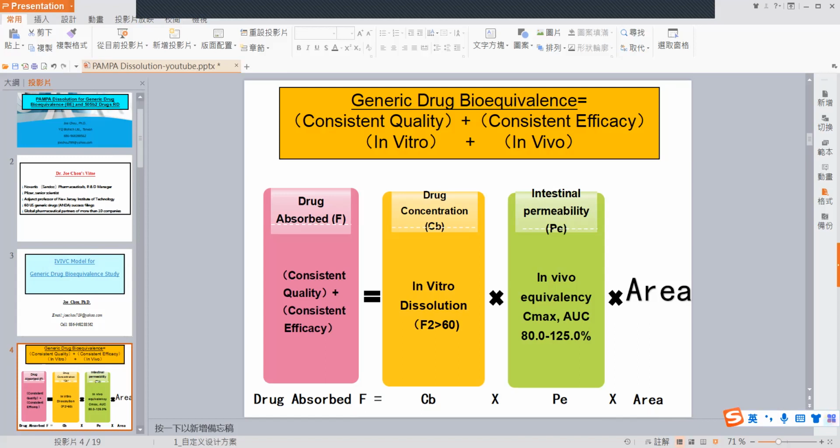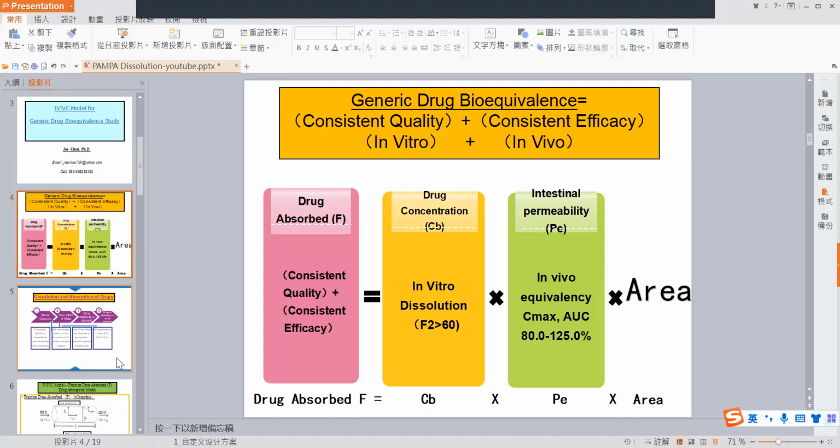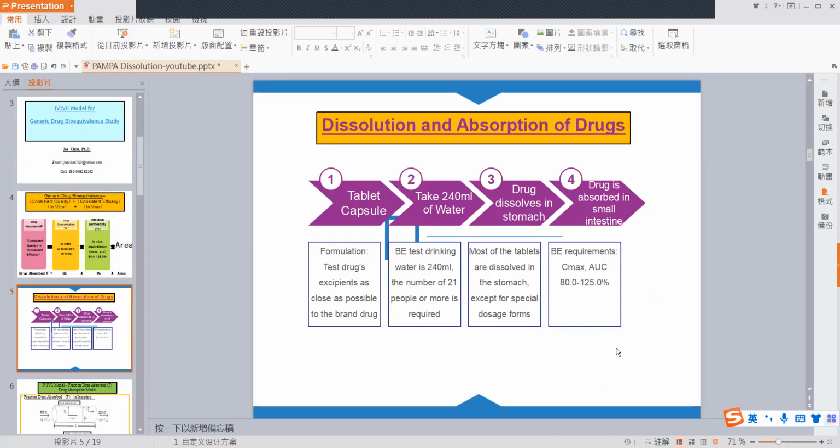Okay, we will go through these later. Now we will talk about dissolution and drug absorption, if you have a tablet or capsule that is being done through this pilot bio study.